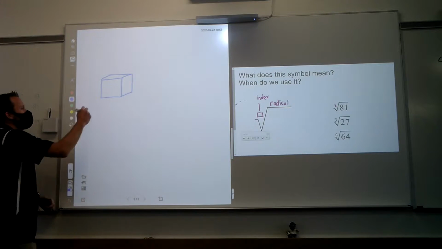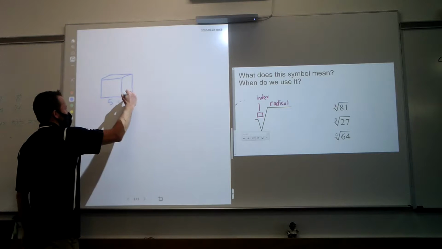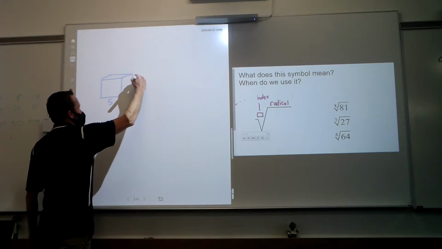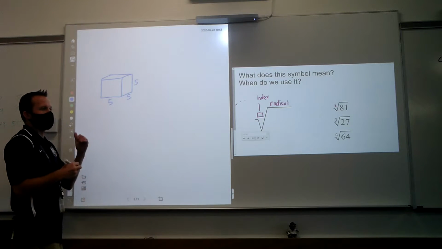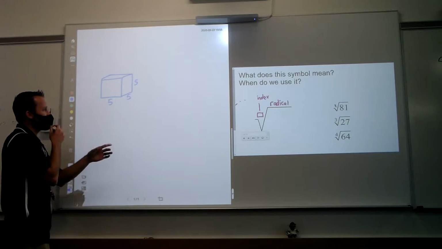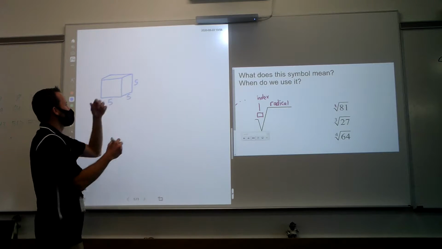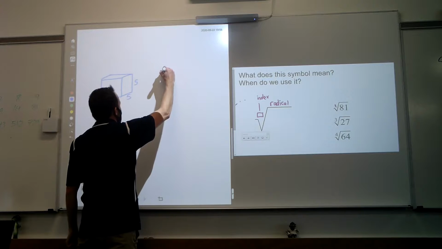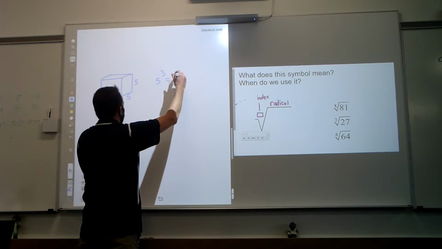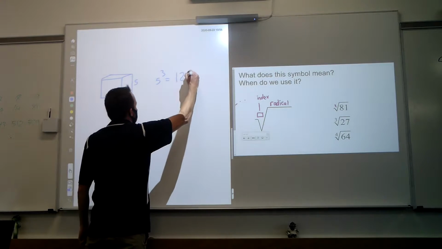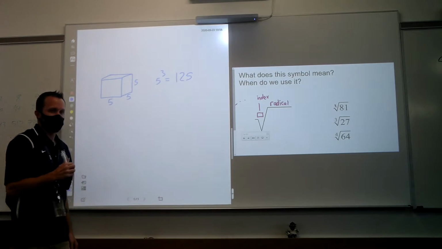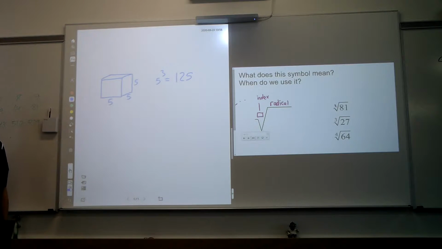Now, if I said all the sides are 5, and instead of asking what is the area, I would say, what is the volume? How much stuff fits inside this box? What would you do with the 5? Cube it. 5 times 5 times 5. You build a cube out of 5, and what is the volume? 125. So 5 cubed, if I build a cube out of 5, gives me a volume of 125.